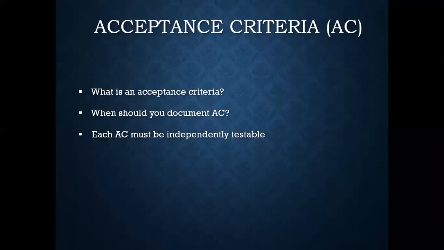Whenever they finish the development, your tester will be the one to test it. The acceptance criteria is something you agree with your stakeholder, because they will tell you how they are going to test it.